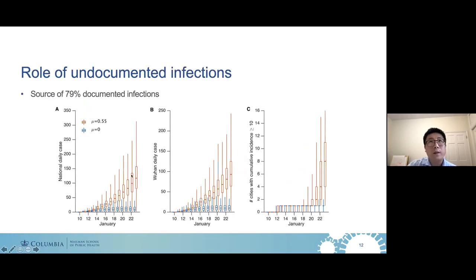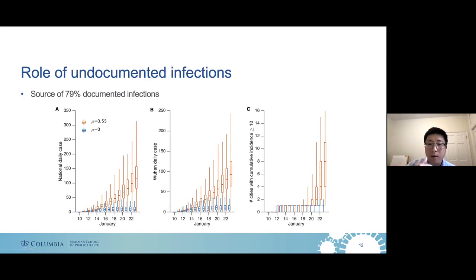We first want to understand the role of undocumented infections in driving the spatial spread of COVID-19 in China. So we ran a counterfactual simulation, assuming that those undocumented infections were not contagious. In this figure, we compared the model simulation using the estimated parameters, represented by these red boxes, and the counterfactual simulation assuming the undocumented infections were not contagious.